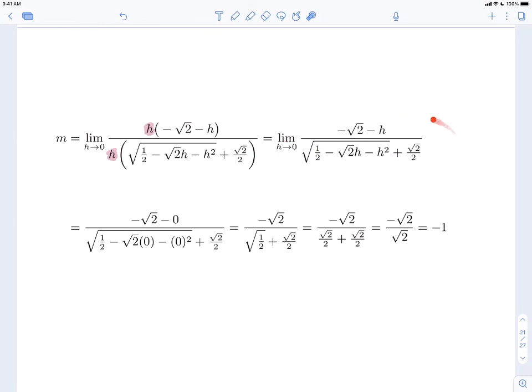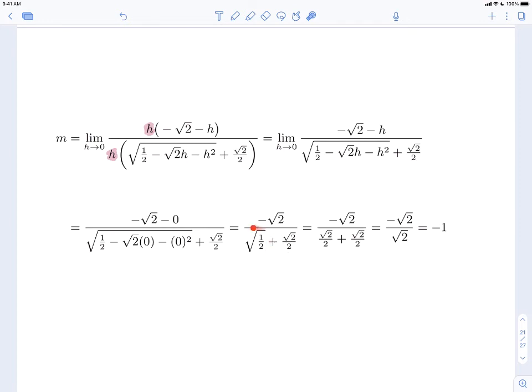So whatever this value is, it's getting really, really close to a number where h is 0. So we just plug in h equals 0. And now everything that has a 0 goes away, and you're just left with this term, minus the square root of 2 divided by the square root of 1/2 plus the square root of 2 over 2.